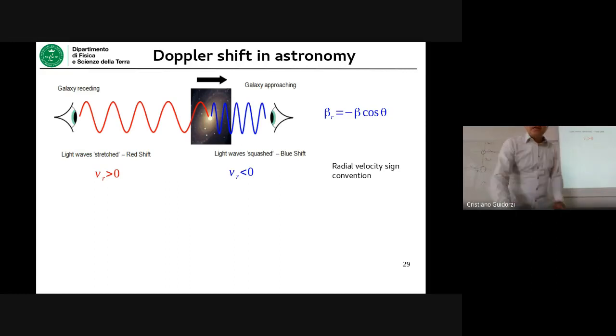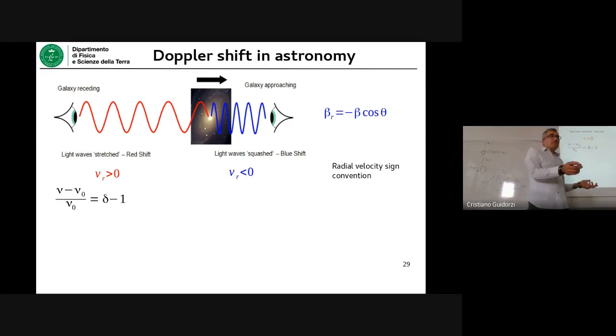But if you pay attention to the definition of the Doppler factor, there was a cos theta, where theta was the angle between the direction of motion of the source and the line of sight towards the observer. So if you compare how I defined beta r, and in that case beta cos theta, there's a minus sign difference.